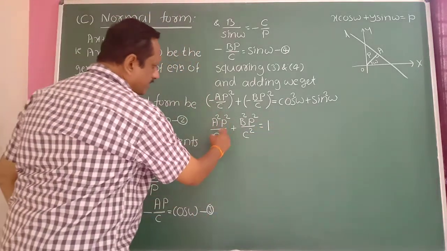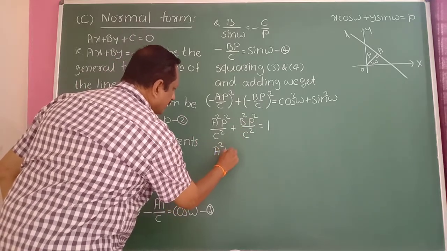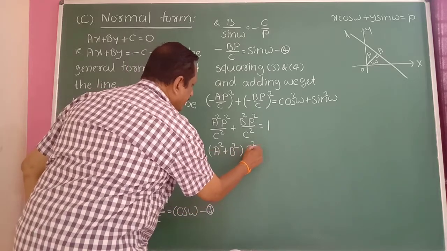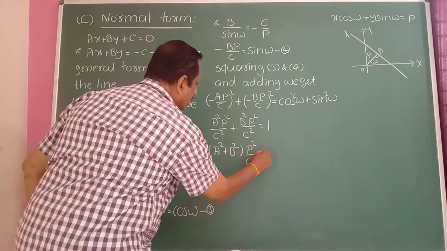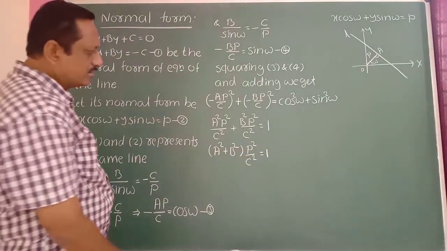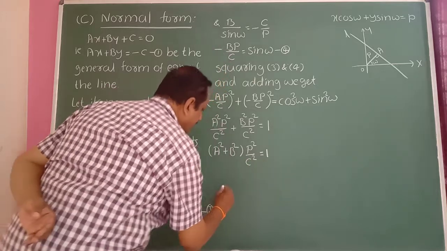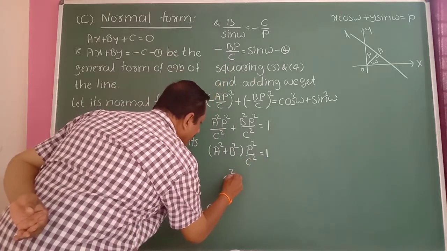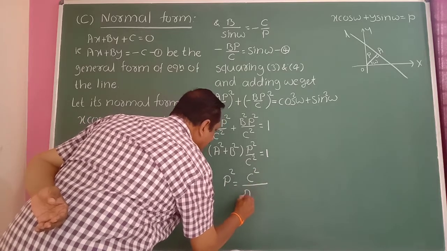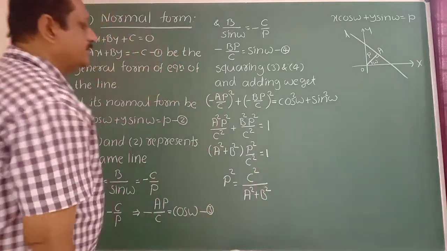Here P square divided by C square is a common factor, hence A square plus B square into P square divided by C square is equal to 1. Then cross multiply: take C square to the numerator and this term to the denominator. So P square is equal to C square divided by A square plus B square.